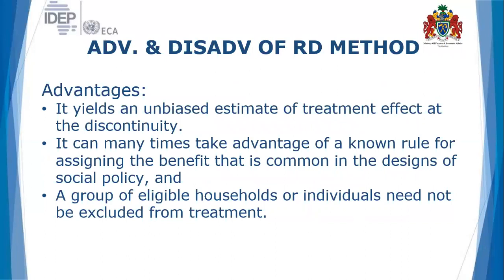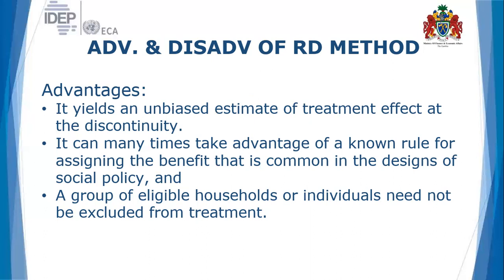There are, however, some advantages as well as disadvantages of the regression discontinuity method. On the advantages, one, it is said that the regression discontinuity approach yields an unbiased estimate of the treatment effect at the discontinuity. And it can also take advantage of a known rule for assigning the benefits, which is common in the design of social policy, like the examples we gave earlier for the poverty alleviation program.